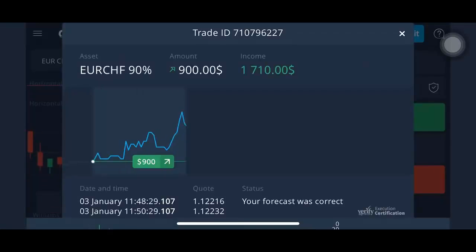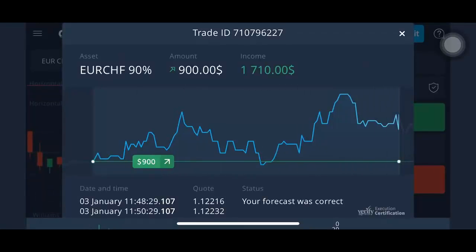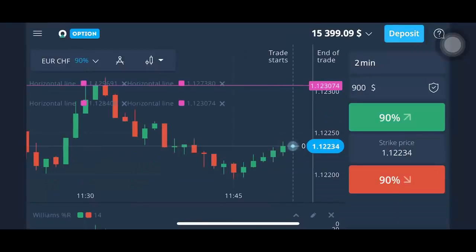You guys can see $900 invested, $1,710 the total income. We lost some money on the previous trade, you guys know, which is $450. So we recovered that and on top of that we have some profit.